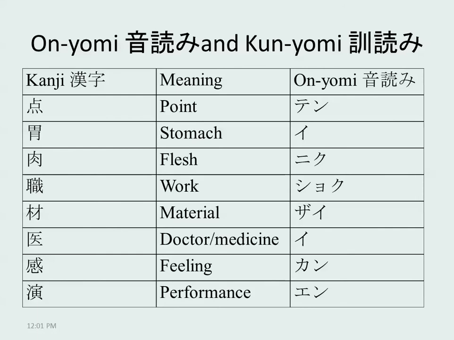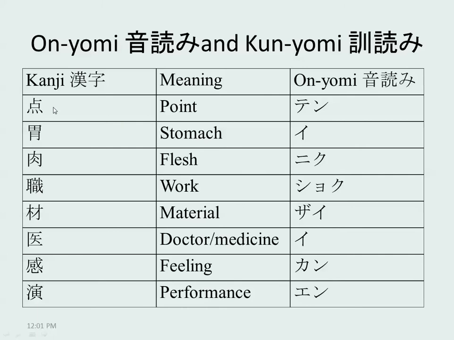So here's some examples of kanji on the left. Ten means a point, and its onyomi is ten. A lot of times people think of this character's kunyomi being ten, but technically ten is not a kunyomi, it is an onyomi.